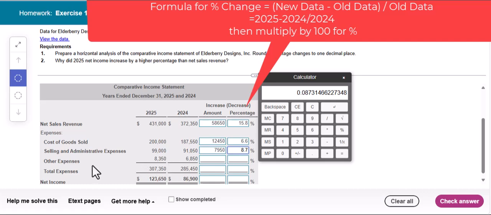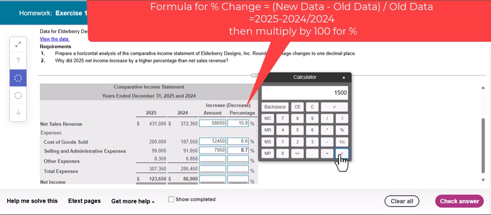Okay, so now when we move on to other expenses, it appears the expenses have also increased. So let's clear this out and take the new 8,350 minus 6,850.